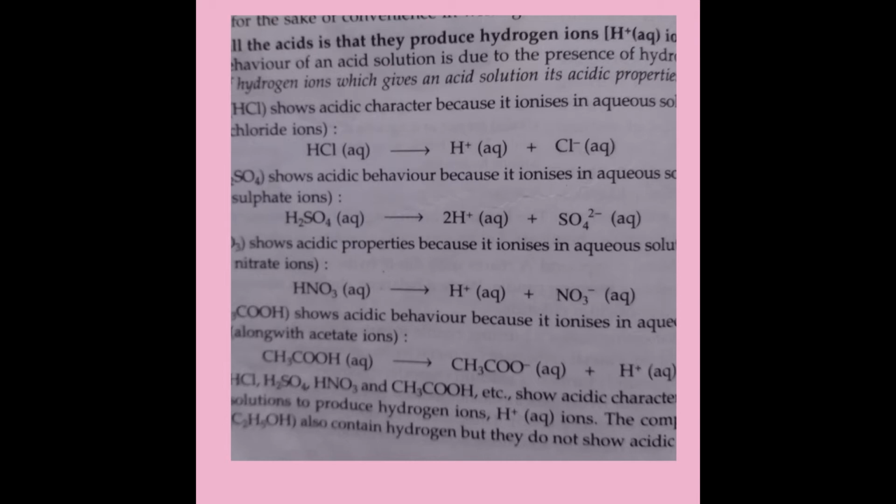The weak acid CH3COOH, which we call acetic acid, gives rise to CH3COO- acetate ion and H+ ion. So, we say that the common thing in all acids is that they produce H+ ions when dissolved in water. It is the presence of hydrogen ions that gives an acid solution its acidic properties.